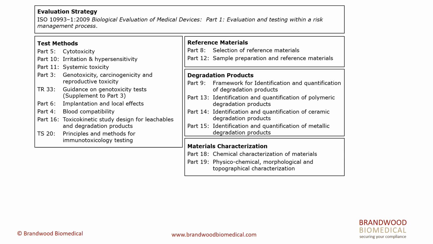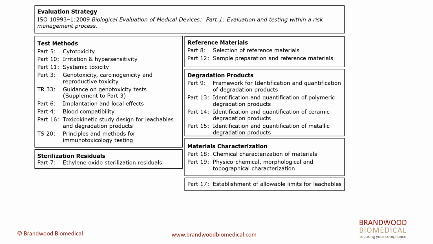There are two standards on materials characterization, part 18 on chemical characterization, and part 19 on physical and physicochemical morphological characterization. Part 17 provides a framework for establishment of allowable limits for leachables. Once you've conducted chemical characterization, what are the allowable limits? And then there are two specialist standards, part 7 on the special case of ethylene oxide residuals and part 2 on animal welfare.